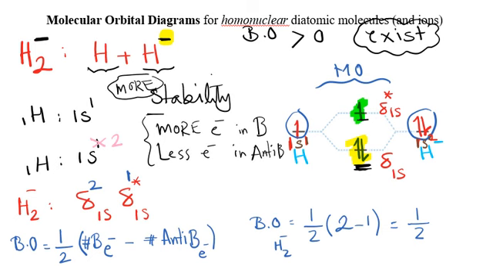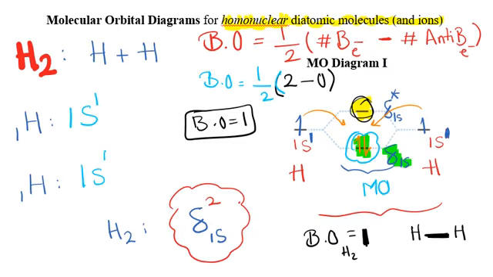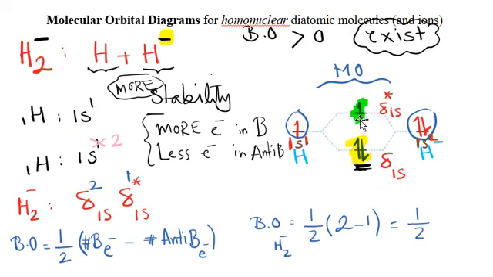So let's compare this one with the previous example. In the previous example, we did have 2 electrons in bonding and no anti-bonding electrons. In here, we do have 1 anti-bonding. So it looks like H2 is more stable than H2 1 negative.